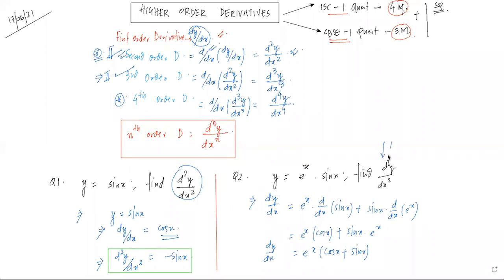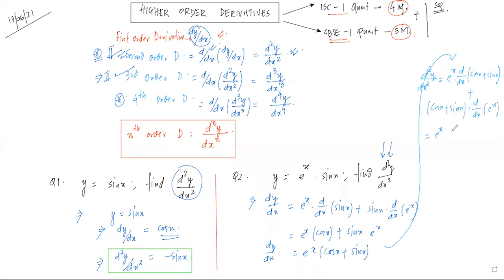Our question is to find d2y by dx2, as in we need to differentiate dy by dx once again. So taking this here, the left hand side becomes d2y by dx2. And on the right hand side, once again we have to apply the product rule, which is e to the power x d/dx of cos x plus sin x, plus cos x plus sin x into d/dx of e to the power x.